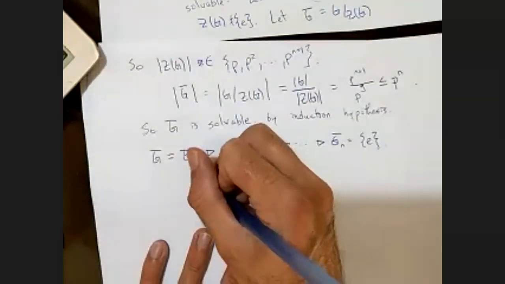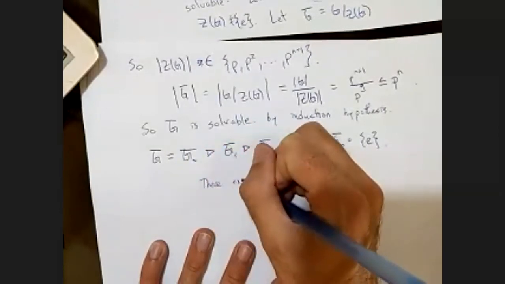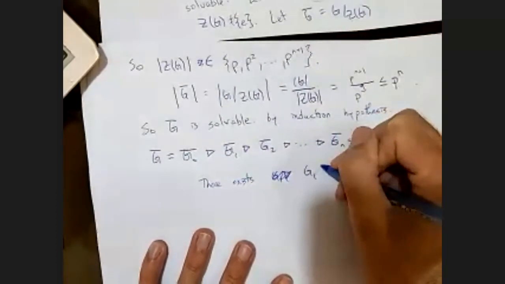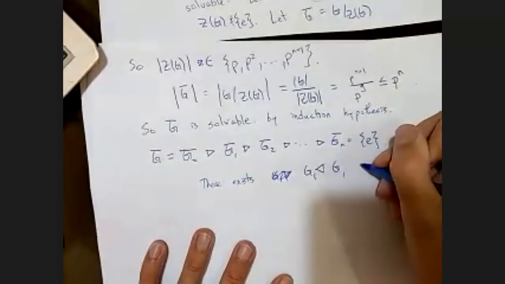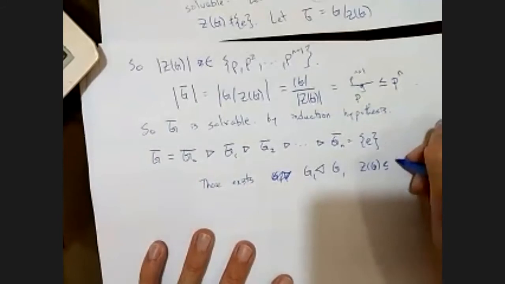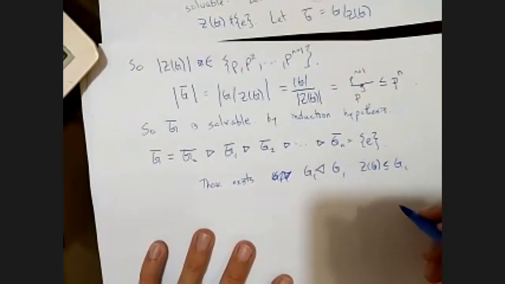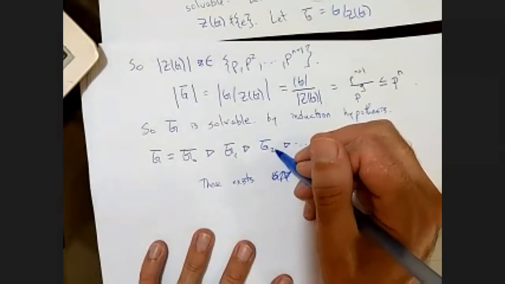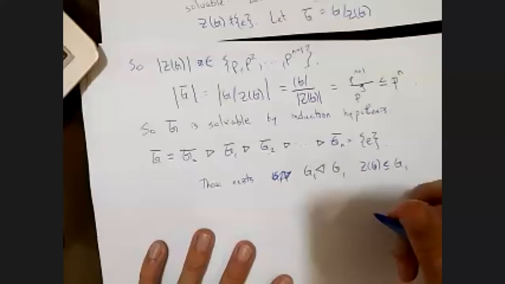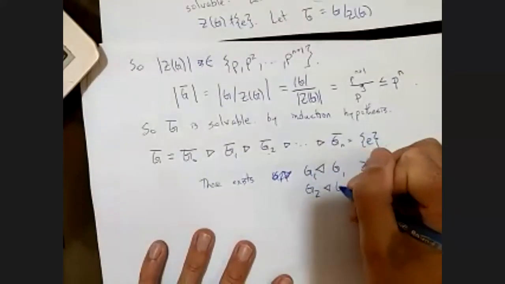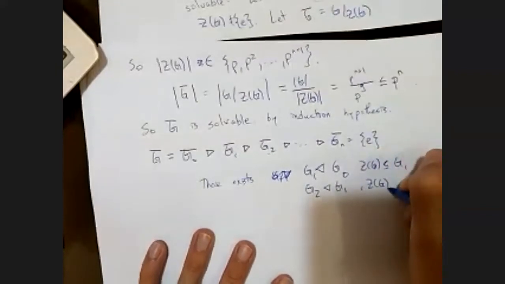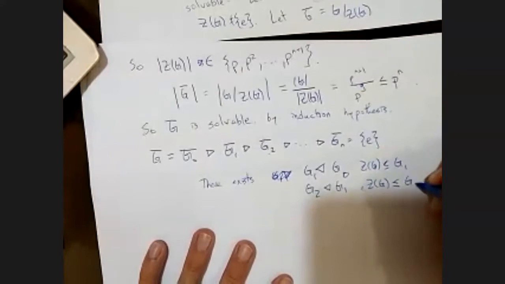So there exists G1, a normal subgroup of G where the center of G is contained in G1. And then there's a normal subgroup G2 of G1, which contains the center of G. Oops, this is G0. And again, the center of G is contained in G2.